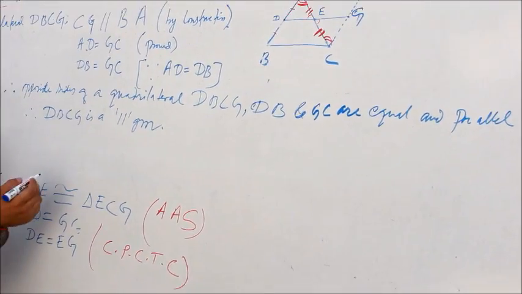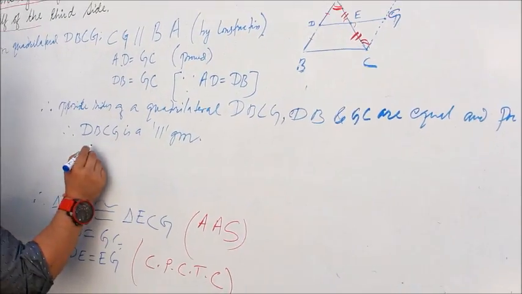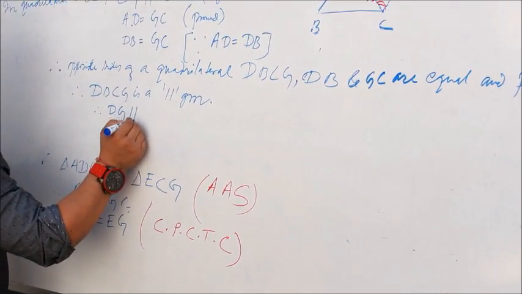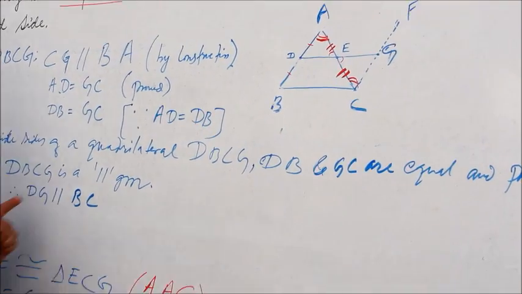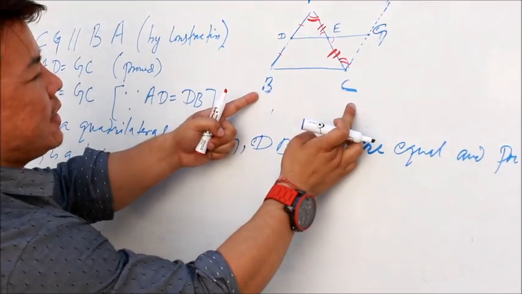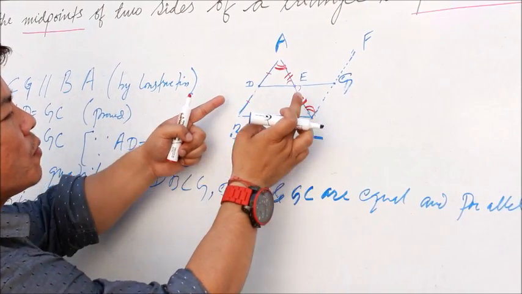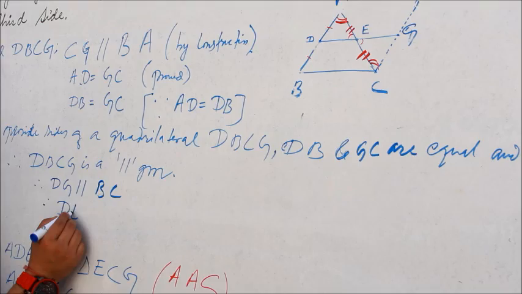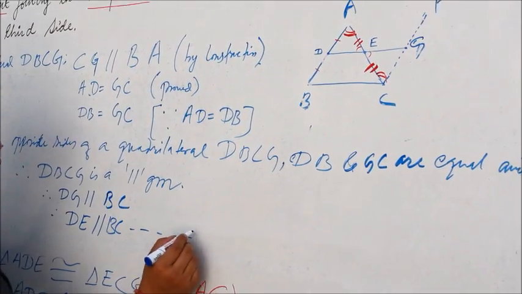So according to the properties of a parallelogram, the opposite side DG is parallel to BC. If DG is parallel to BC, then DE, being a part of DG, is also parallel to BC. So therefore DE is parallel to BC. This is number one proved.